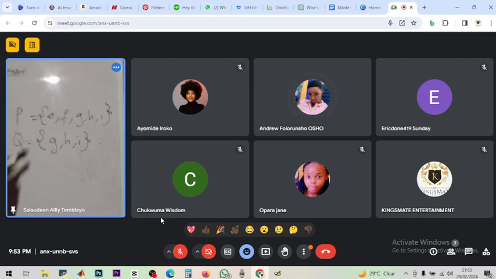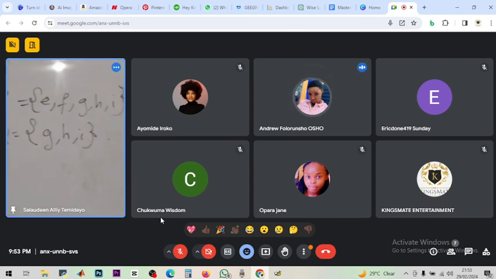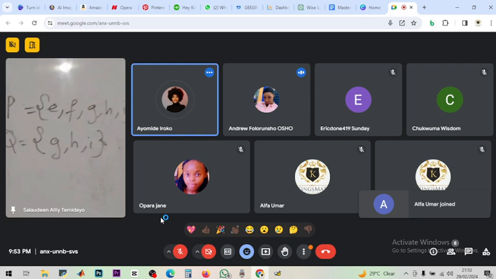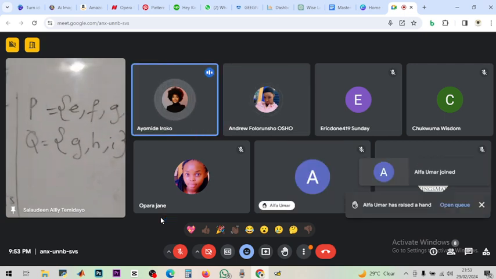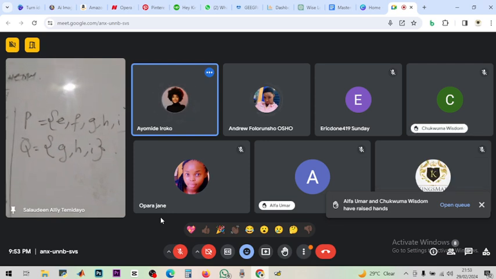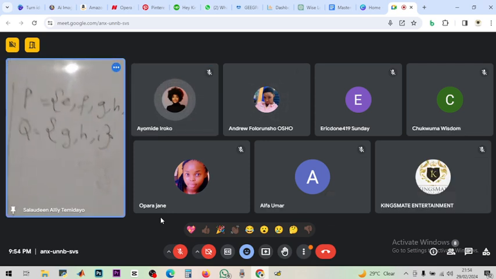This is set P, this is set Q. What is similar between them? Anyone? H is similar between them. G is similar between them. Thank you very much. I know you'll be smart.